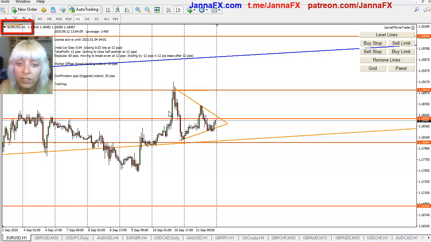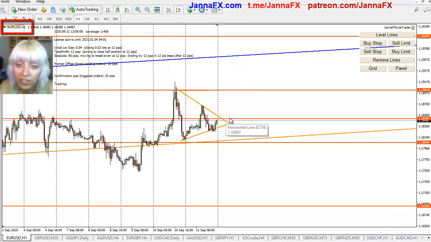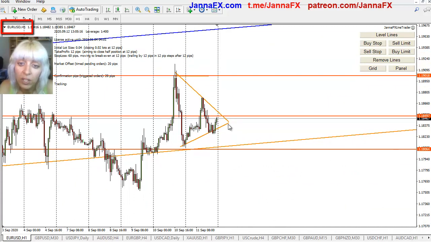So at this moment, you see guys, that's why it started to create a little bit of a triangle in here, and so I will be looking at possible consolidation around this level. So we're pretty much in exactly the same area, the same level, so with any consolidation here, I will be looking to place pending orders.